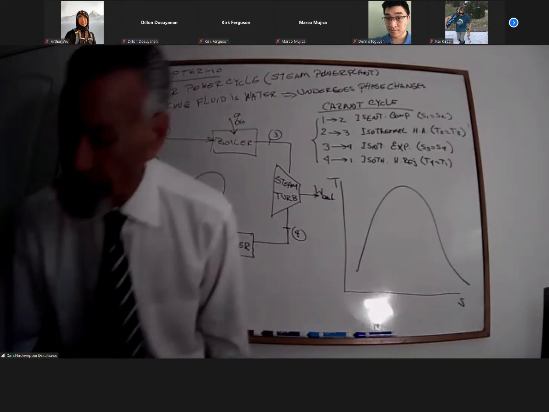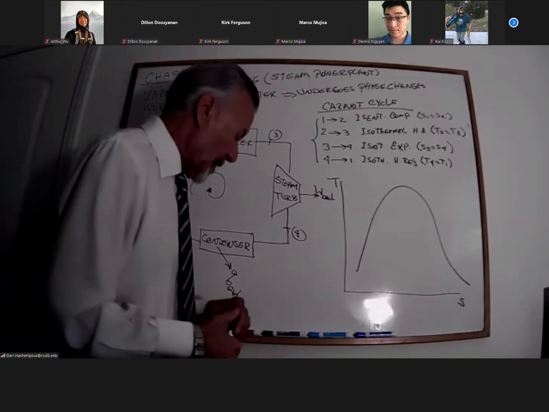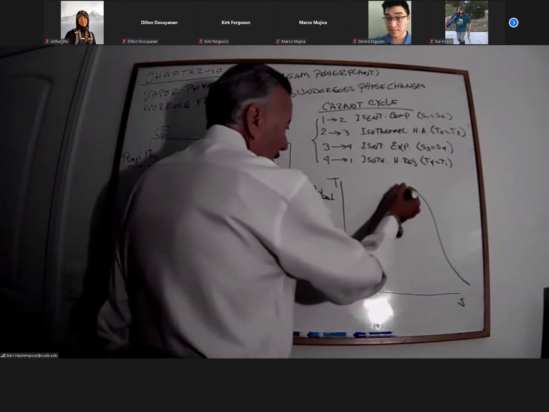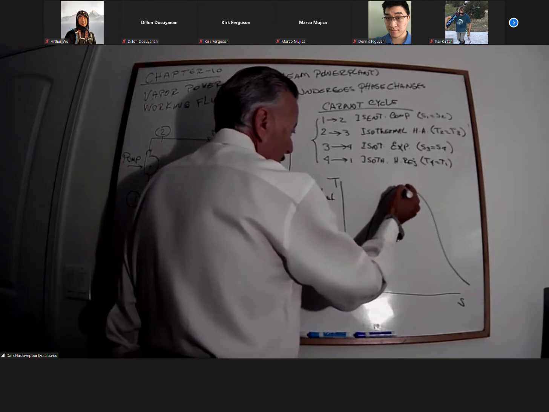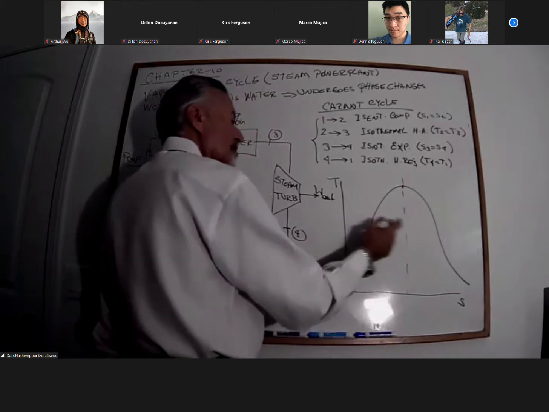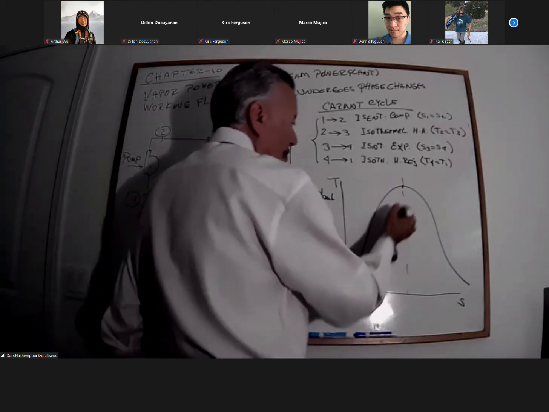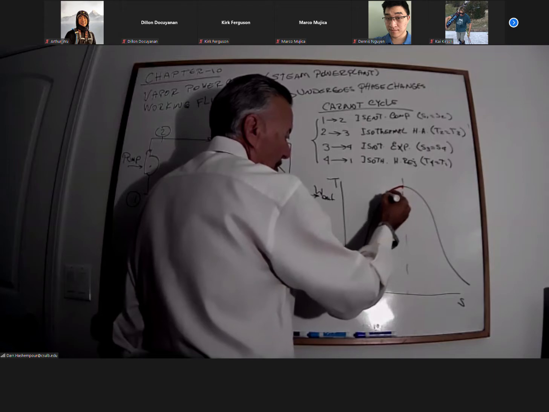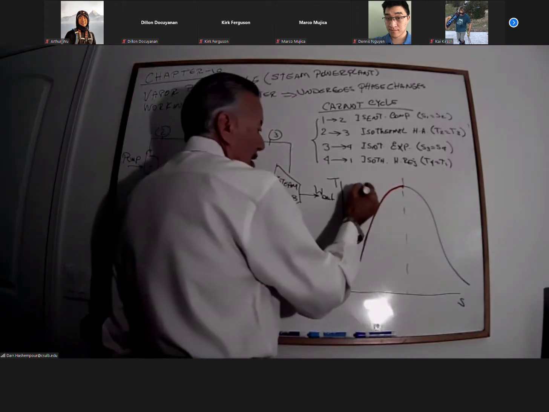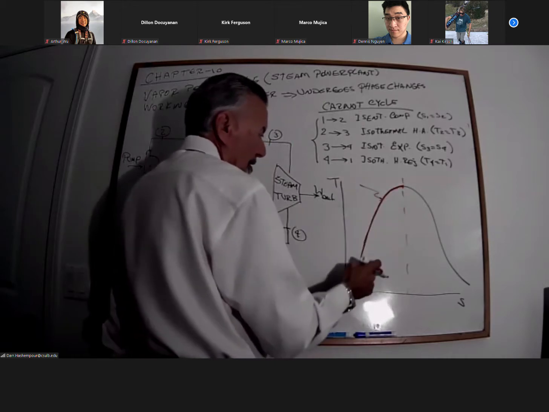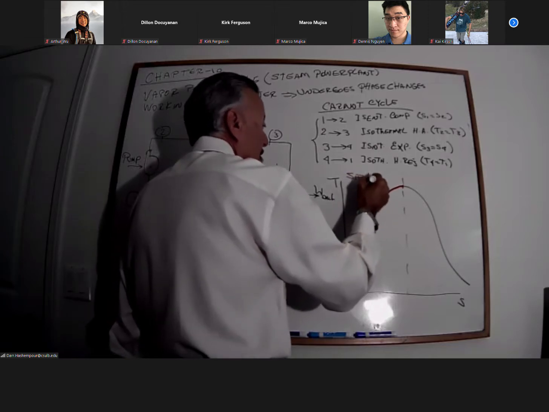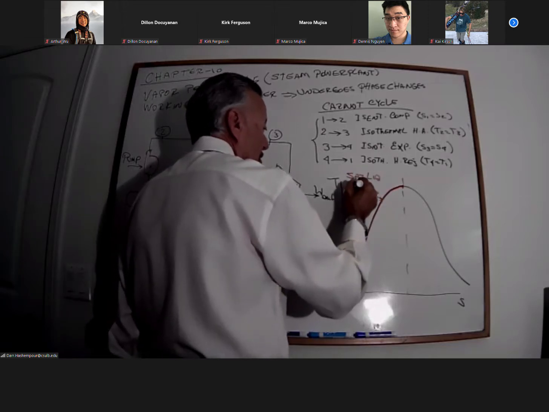Now, what you need to know about this dome, again, this is just refreshing your memory. If we draw a line in the center of the dome, any point located on this side of the curve of the dome is called the saturated liquid line.